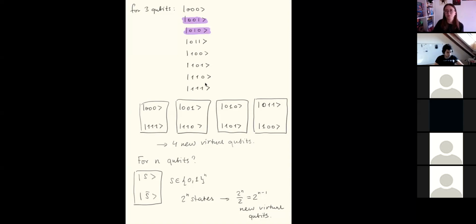The first system would just factor out, and we would have a virtual qubit between levels 0, 1 and 1, 0 for the qubits B and C, so for the last two. But this is something that we've already seen for the case of 2 qubits. So we're not interested in that. We're only interested in the things which are specific for the composition of 3 qubits in this case, which these two are not.